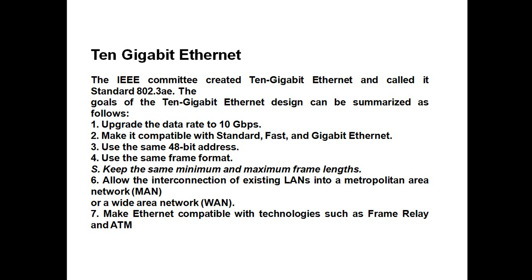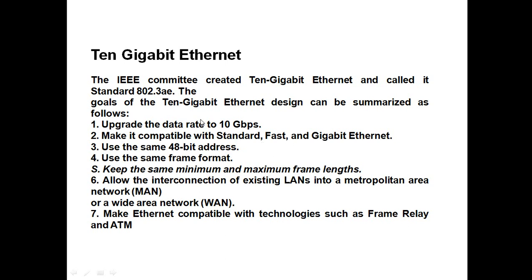When it comes to 10 gigabit Ethernet, the IEEE committee created it, and this IEEE standard is 802.3ae. The goals of 10 gigabit Ethernet: upgrade the data rate to 10 Gbps, and make it compatible with standard, fast as well as gigabit Ethernet.